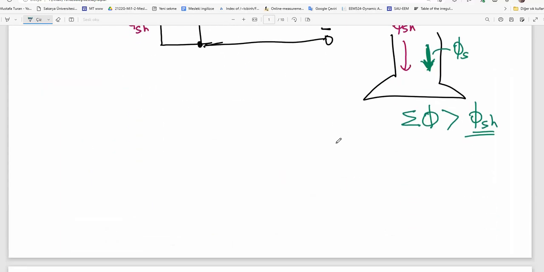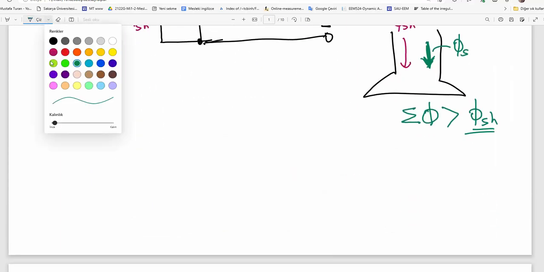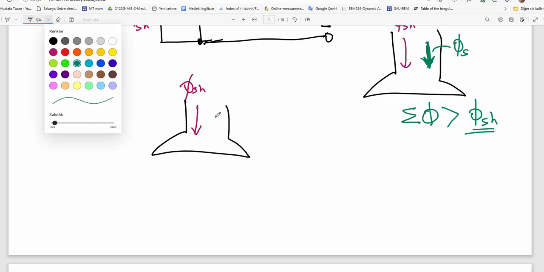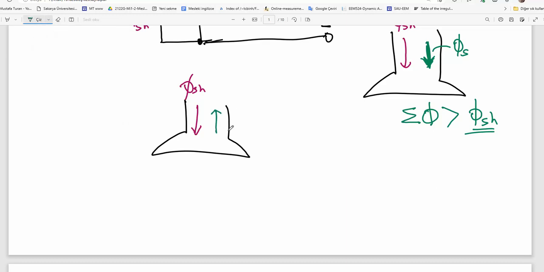The other alternative is having the shunt field again downward, that is phi shunt, and here would be a series magnetic field which is opposing, causing a differential result.